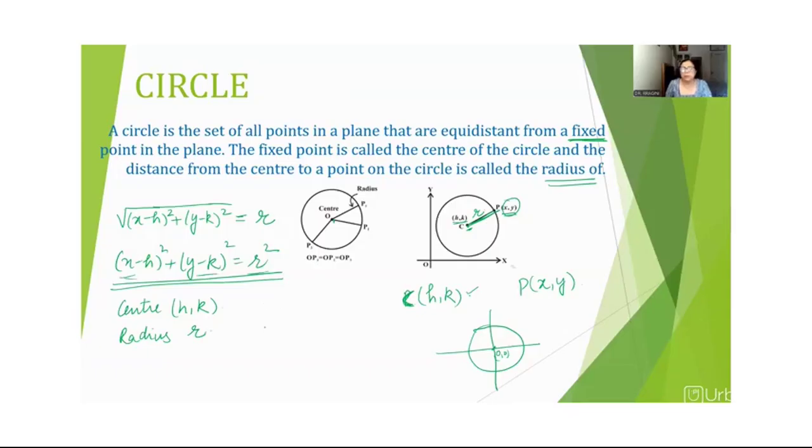This becomes (x minus 0) square plus (y minus 0) square, and this is r square. So in case of the center being the origin, we get x square plus y square equals r square. This is the general equation of a circle, and this is a particular equation in which the center is the origin.